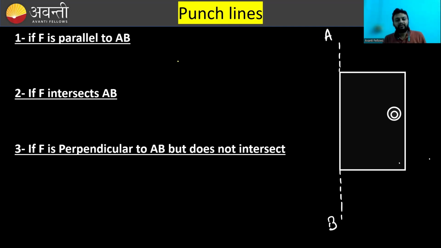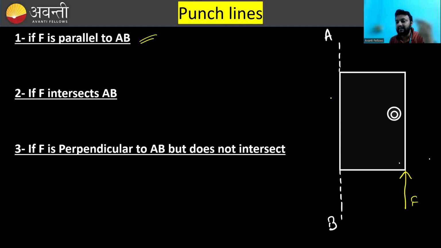Now, the three punchlines that we are going to discuss. The first punchline says: if F is parallel to AB. First of all, AB is what? AB is our axis of rotation. Now suppose I have applied a force here. This is the force that I am applying, and can you see that it is parallel to the axis of rotation?